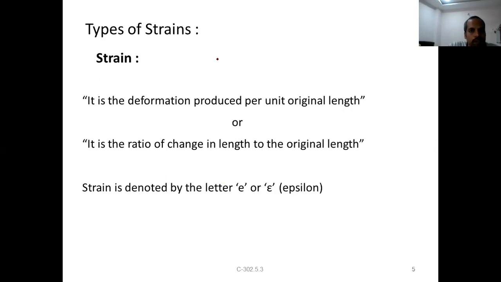When a member is subjected to, let us say this is a member, let us say tension, its length is increased.